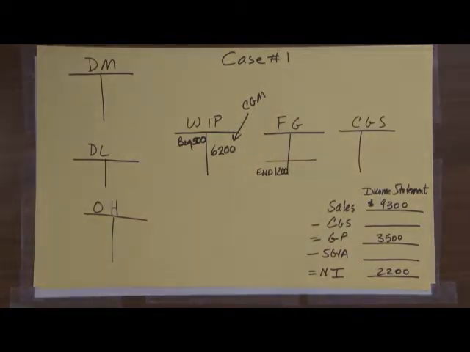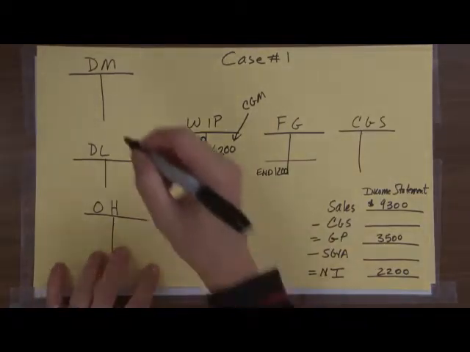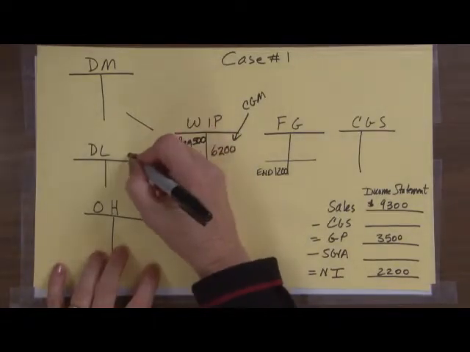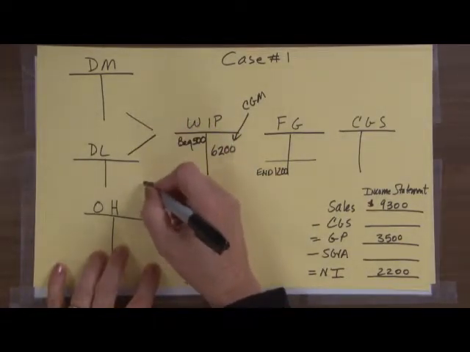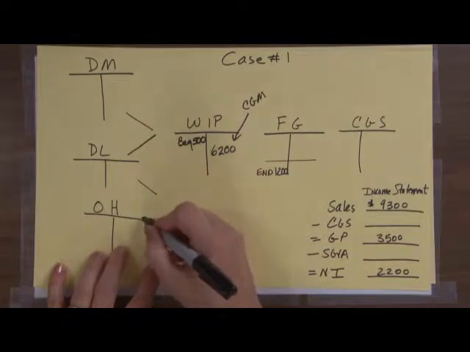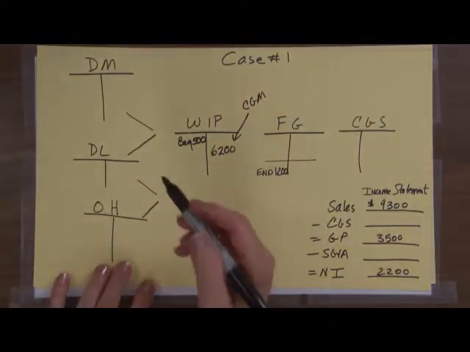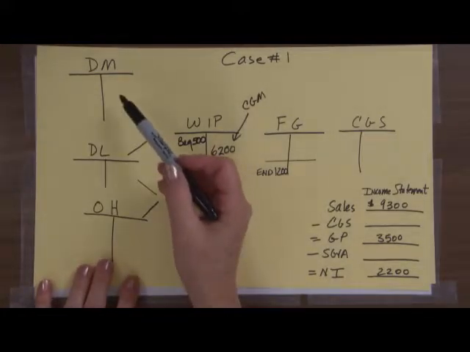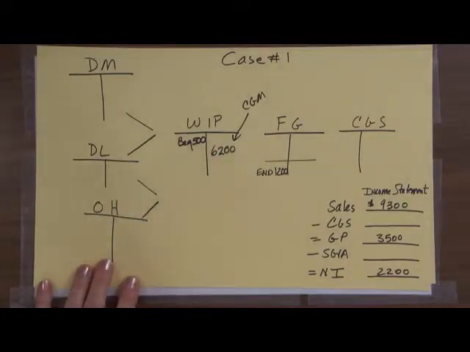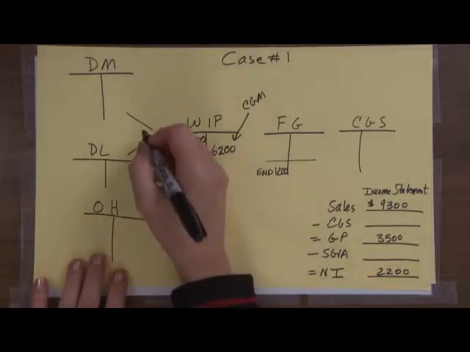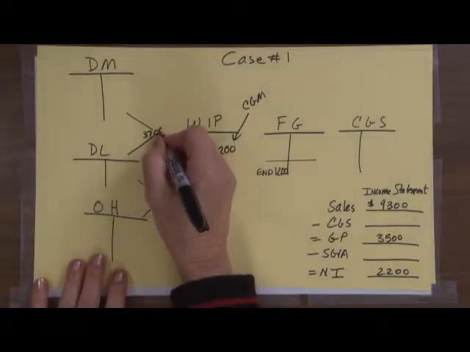I believe the only two other pieces of information, we were told what prime costs were and what conversion costs were. So let's be sure we understand that prime cost represents direct material plus direct labor. So the prime cost was given to be $3,700.